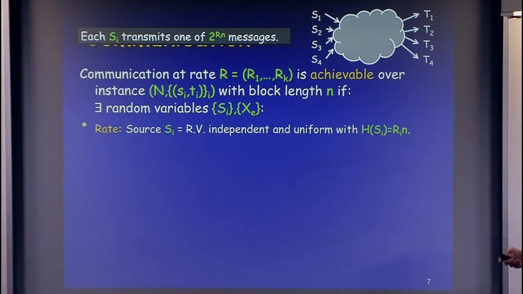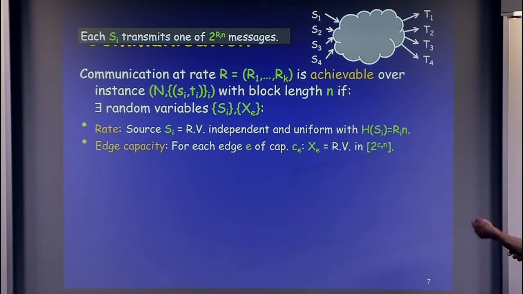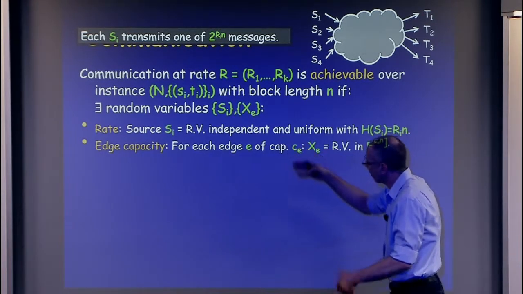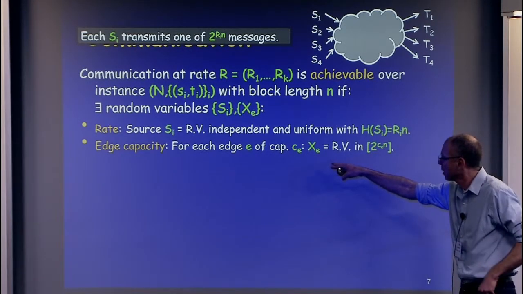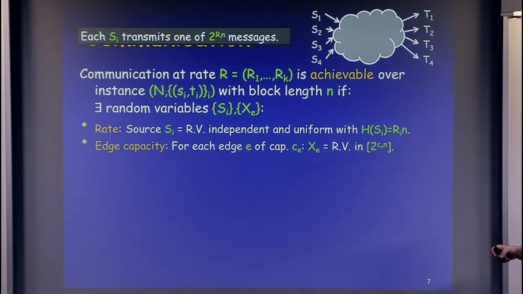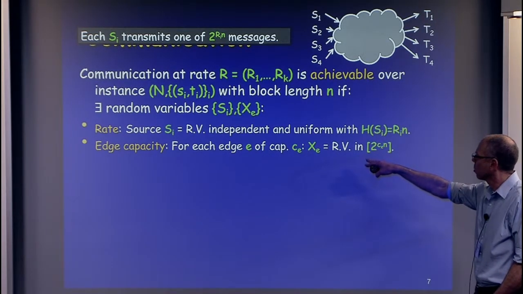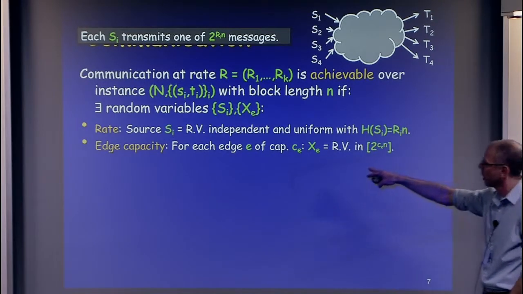So that's the rate. We want these random variables Xe corresponding to edges. We want to be able to communicate them over an edge. So we want the support of the edge to be able to capture the random variable. So these random variables are going to have support which is 2 to the power of Ce times n for an edge e.